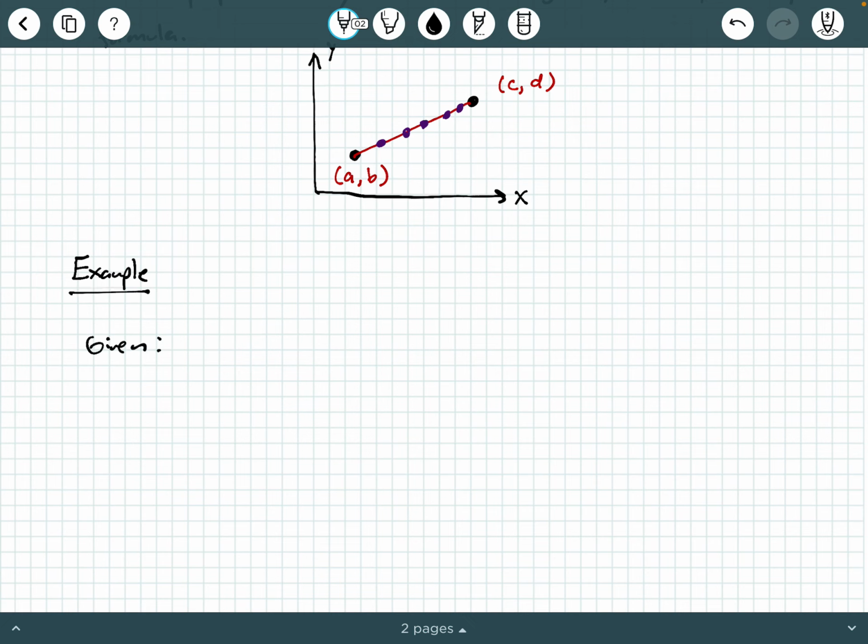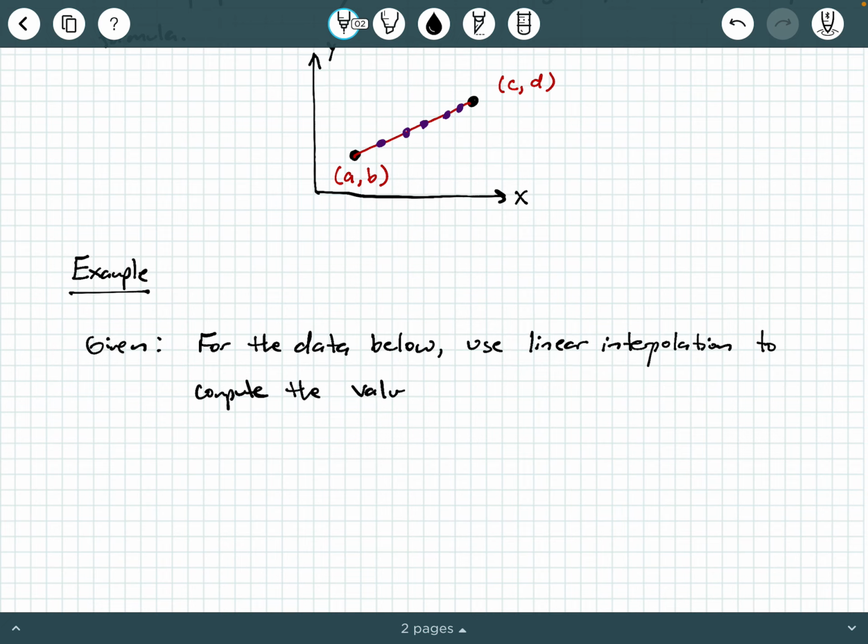For the data below, we want to use linear interpolation to compute the value of y.